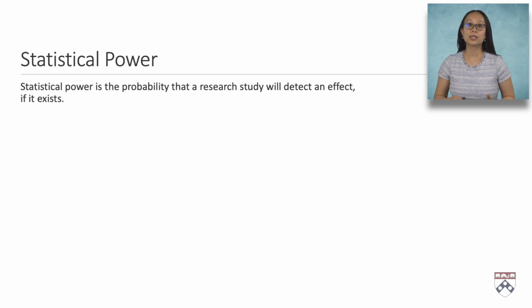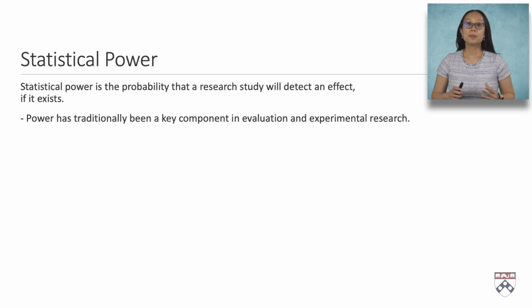Power refers to the extent to which a study will be able to detect those differences between a treatment and a control, again, if those differences exist. And because power analyses are important in assessing whether the conditions for a study make it well prepared to detect the results, it has been an important component of evaluation and experimental research, particularly in funding situations.